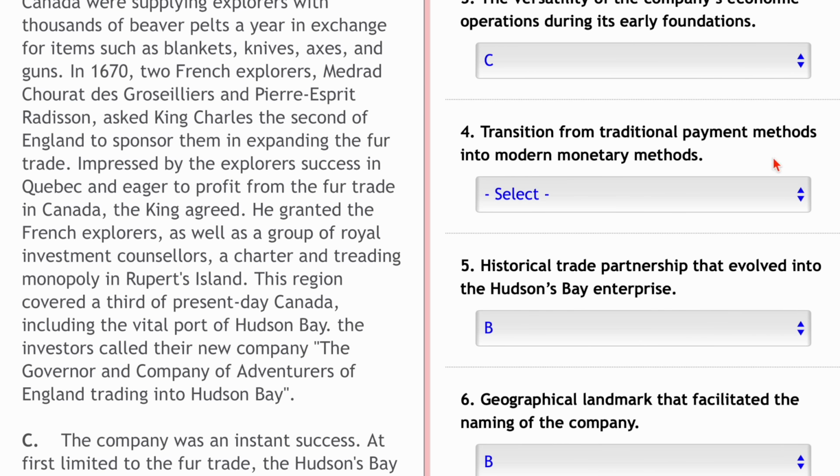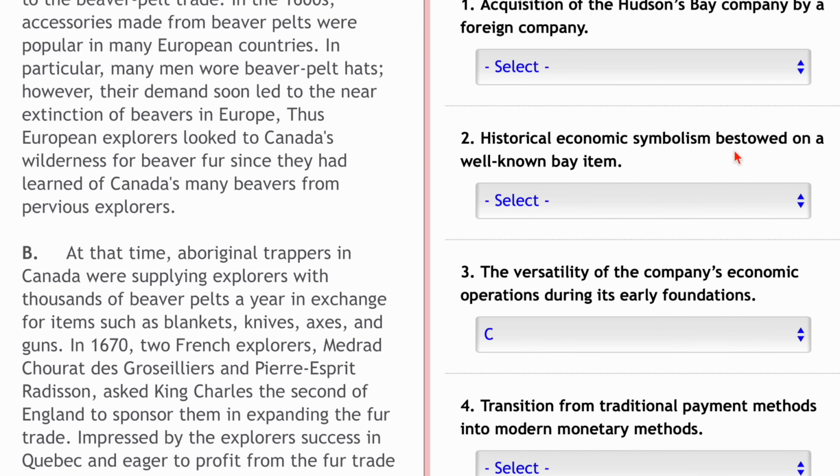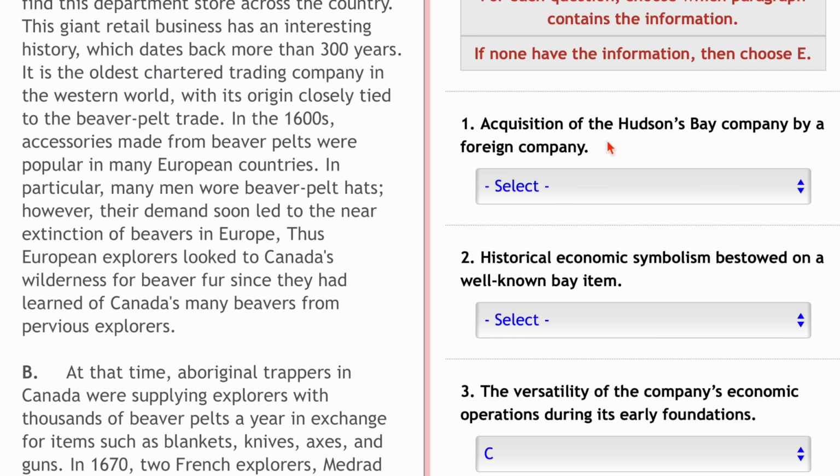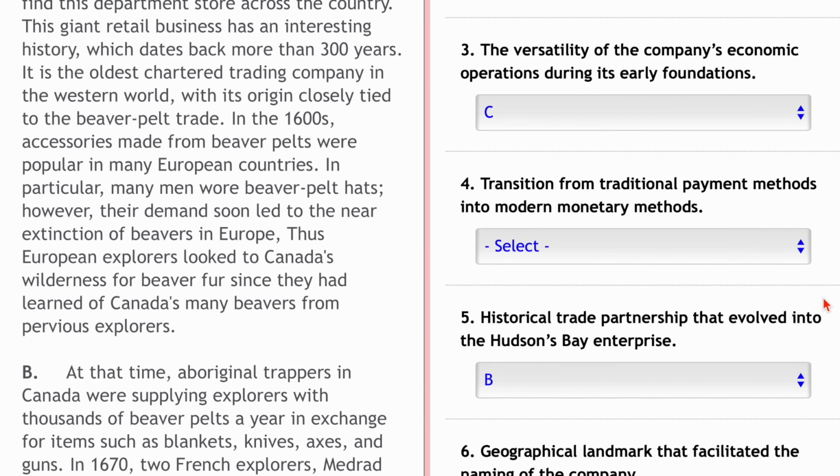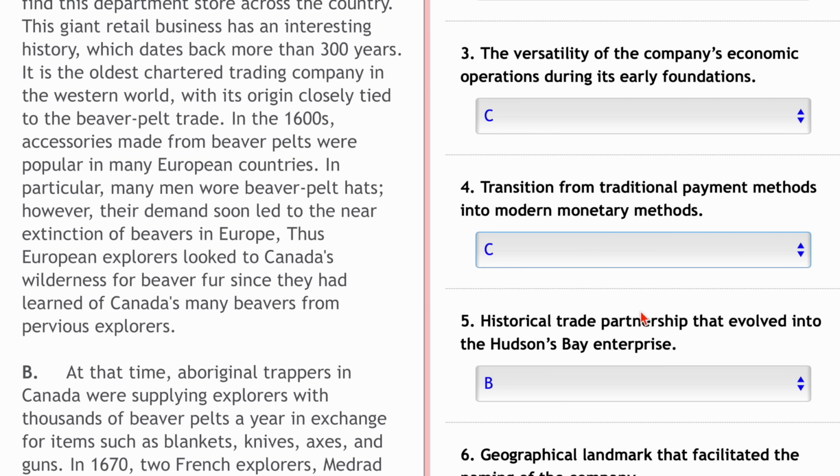Transition from traditional payment methods, historical economic symbolism. So looks like it's 4, right? Okay. So number 4. It changed from skins, well, the fur, the beaver pelts, to cash. Okay.